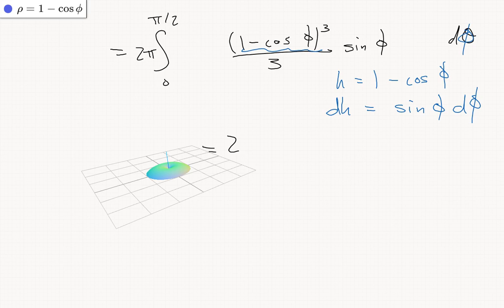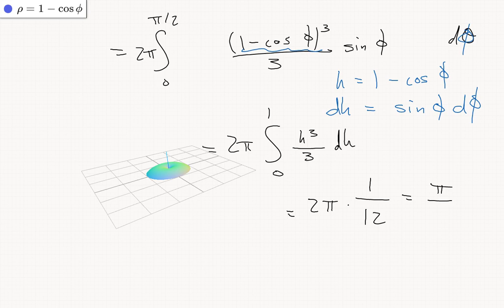So this is 2 pi times the integral from 1 minus cos of 0, which is 0, to 1 minus cos of pi over 2, which is 1, of h cubed over 3 dh. And that is just going to be h to the 4, so 2 pi times 1 over 12, which is pi over 6.